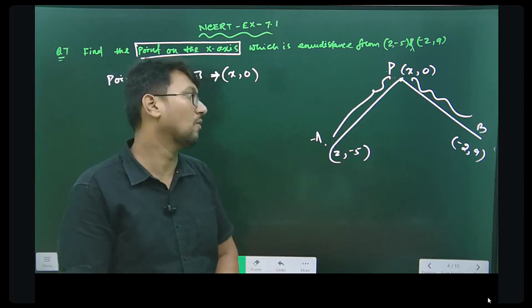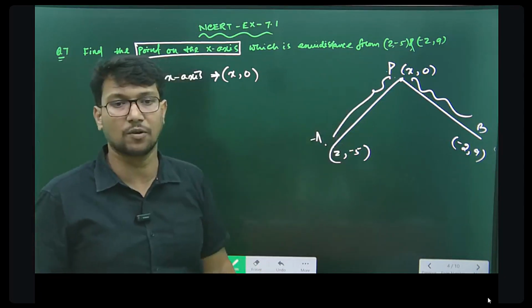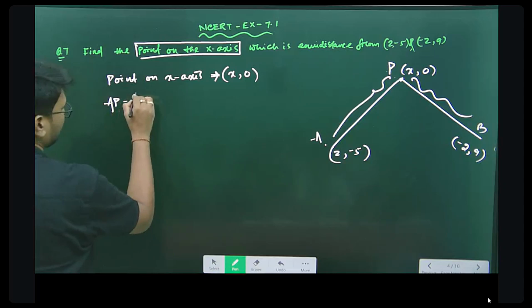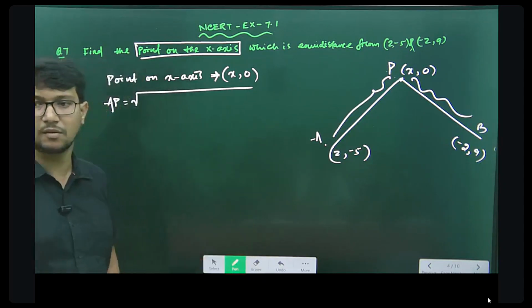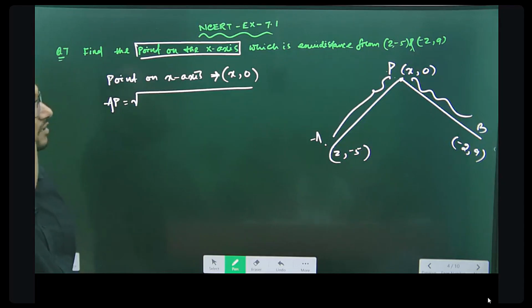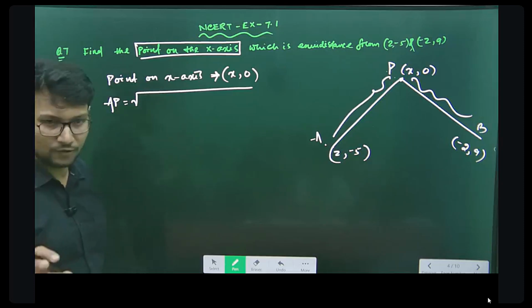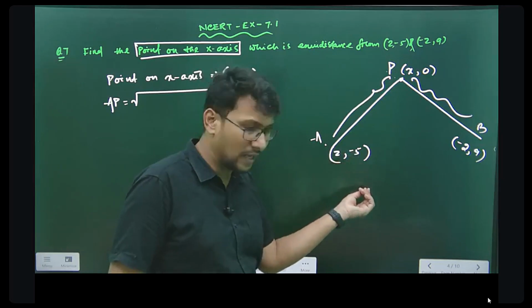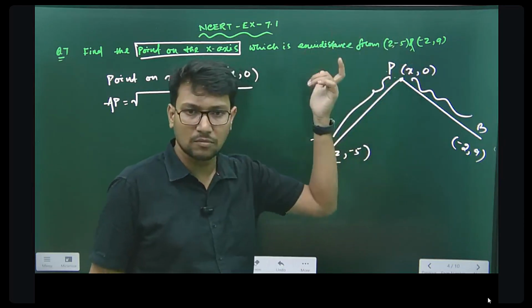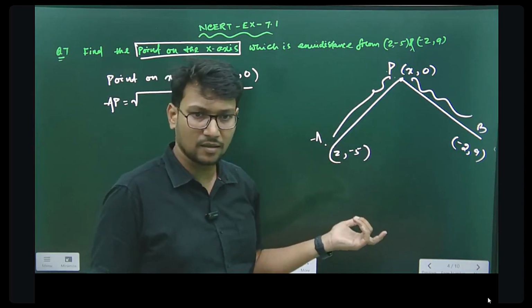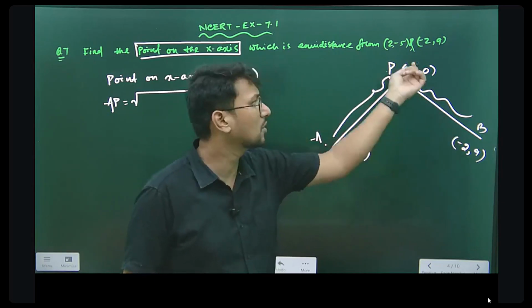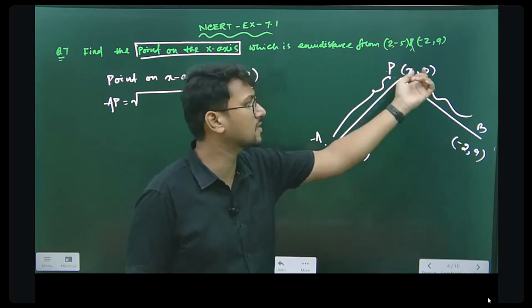Okay, let's find. What is the length of AP? Tell me quickly. Who can say the length of AP? Length of AP is how much? Tell me, Bhoomi. If you are confused which one I'll take as x1, x2, take anything. Let this be x1, y1, and you take this as x2, y2. Got it? Similarly for PB, you take this as x2, y2, or take this as x1, y1 and this as x2, y2.